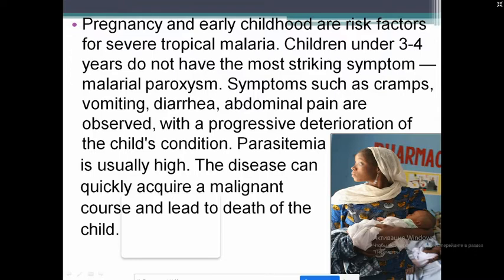Children under 3-4 years don't have the most striking symptom, malaria paroxysm. Symptoms such as cramps, vomiting, diarrhea, abdominal pain are observed, with a progressive deterioration of the child's condition. Parasitemia is usually high. The disease can quickly acquire a malignant course and lead to death of the child.